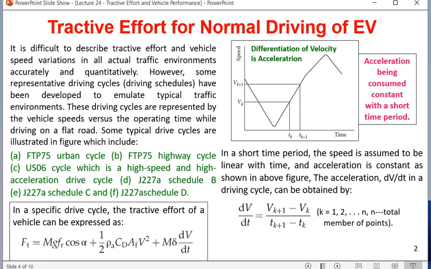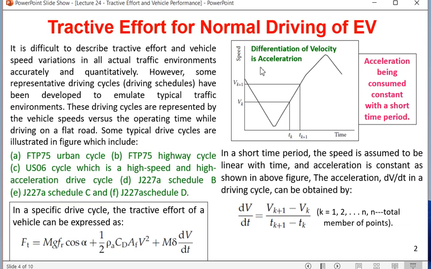Force is in Newton, and power is in watts, that is joules per second. So whenever we multiply or integrate the power over time, we get the force. Here is the tractive force formula for a specific drive cycle. The same formula is used, and we are going to see some 4-5 different drive cycles after this slide.